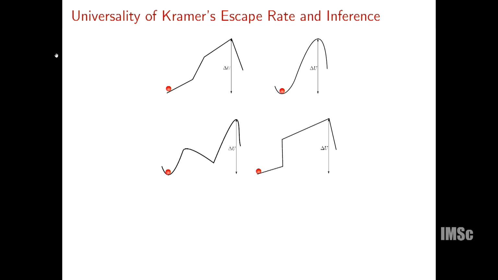As long as this delta U is much greater than the thermal energy, that won't affect the answer. This will of course affect the answer if this minimum is below this minimum. But as long as delta U is much greater than kBT, the dominant behavior would come from e to the minus delta U over kBT.